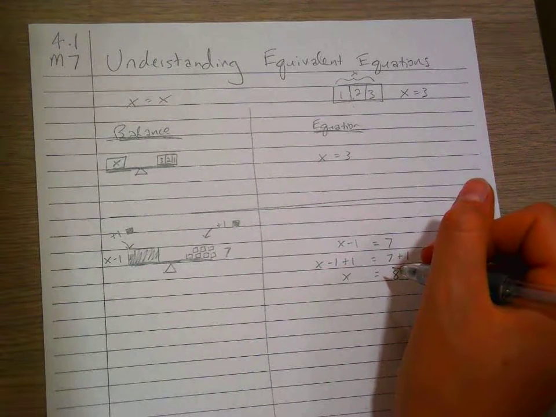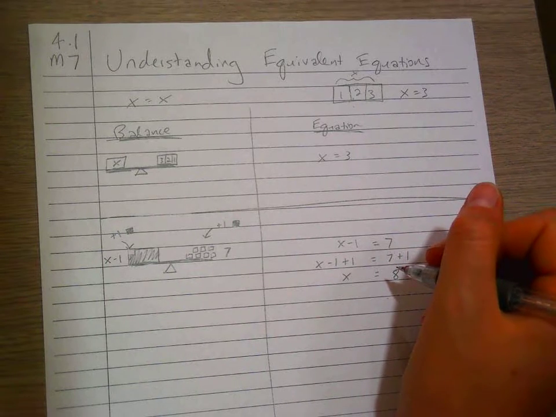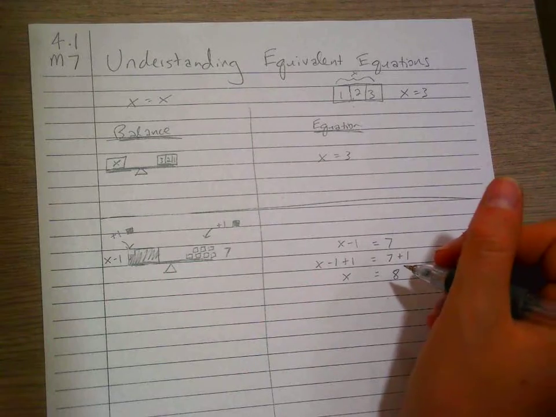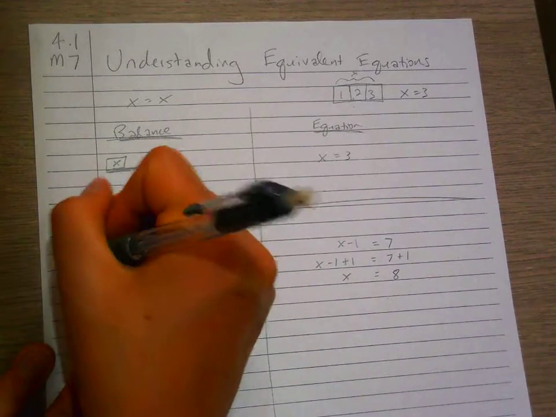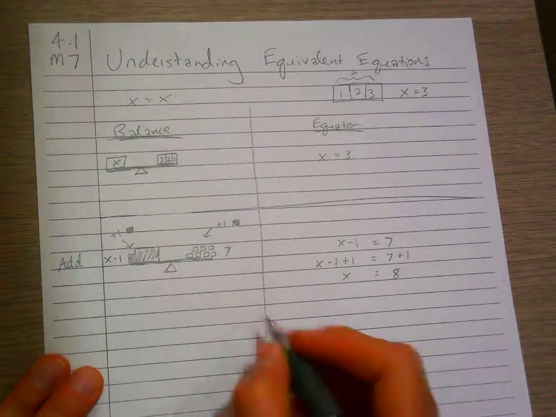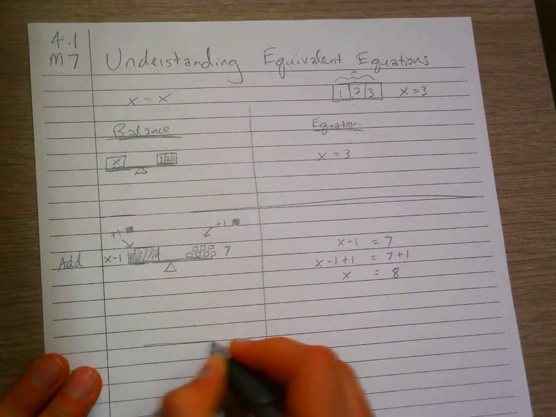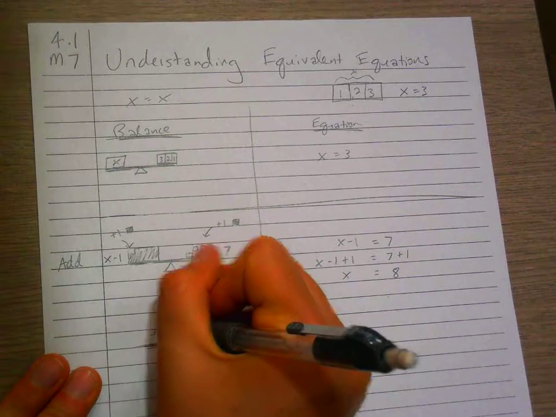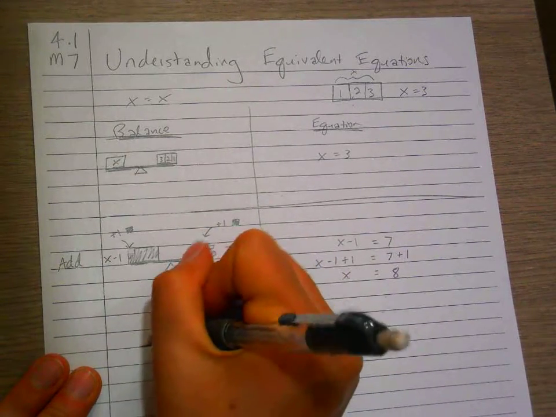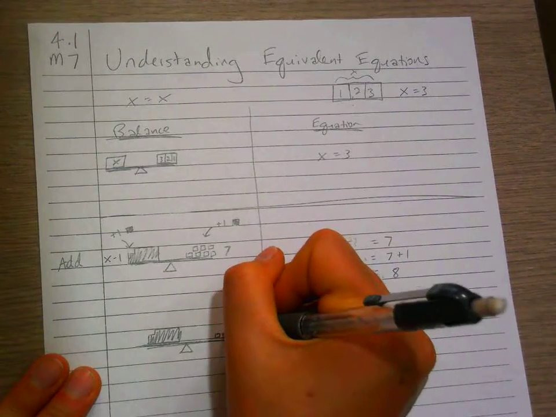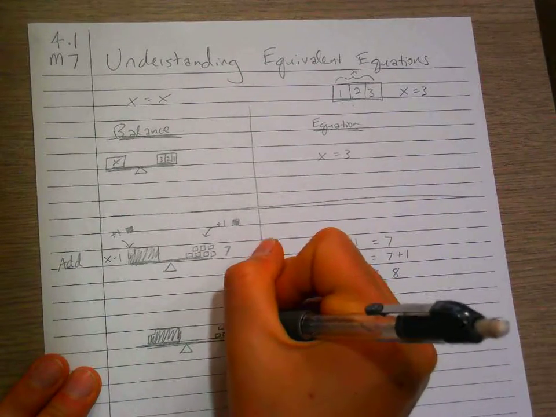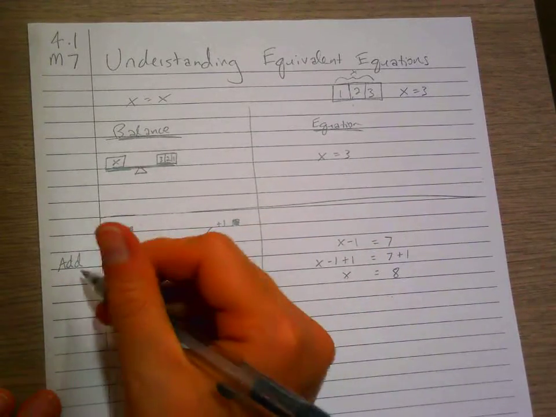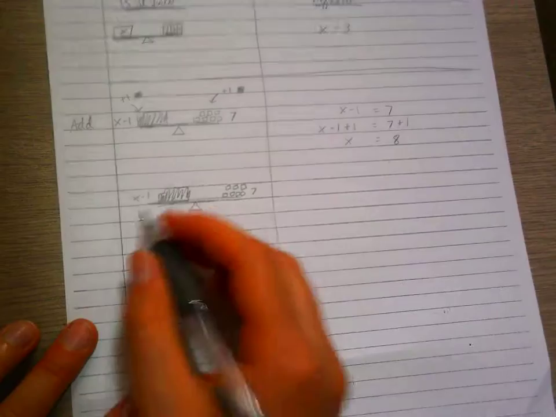Okay, let's try something else that we can do to both sides. So we've added 1 to both sides. Let's say we have the same thing, but this time rather than adding, we decide that we want to subtract.